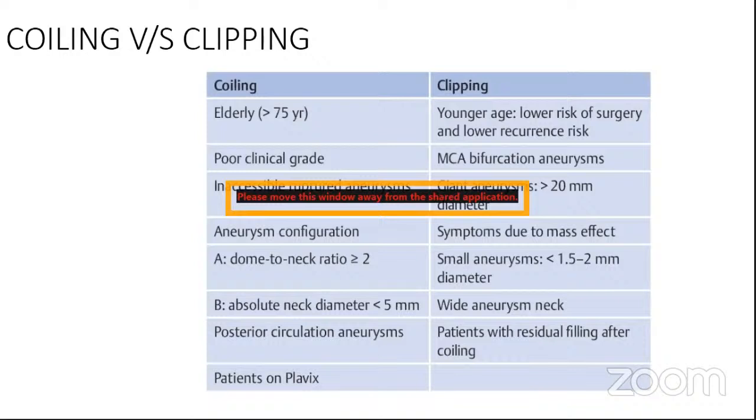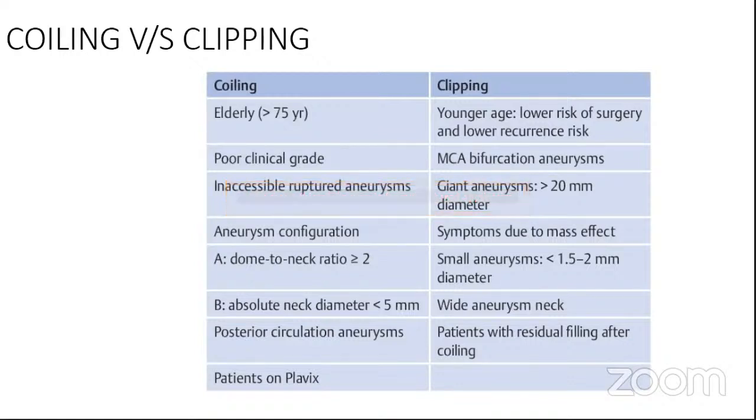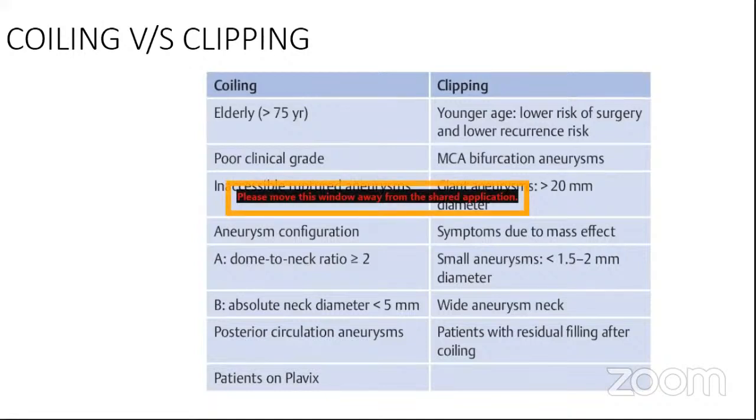Sometimes if there is a very small aneurysm, coiling cannot be done and clipping is easy, like if the diameter is less than 2 millimeters, clipping is preferred. And obviously with a wide, broad neck, slippage or dislodgement of the coils is an easy complication, so clipping is preferred. Also if the patient has come with failed coiling or residual filling after coiling, clipping is done.